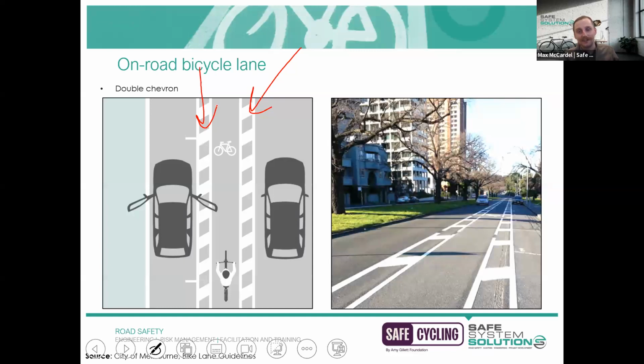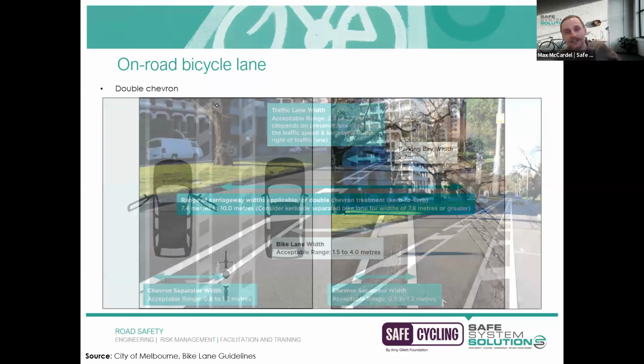So this takes up a relatively large space for the bicycle lane, but it does mean that if a door is opening, there's a lot of extra room for a cyclist to move around and avoid that collision. Similarly, if motorists are veering out of their lane, there's that extra buffer in between the traffic stream and the bicycle lane, so you can hopefully mitigate the risk of a collision there.